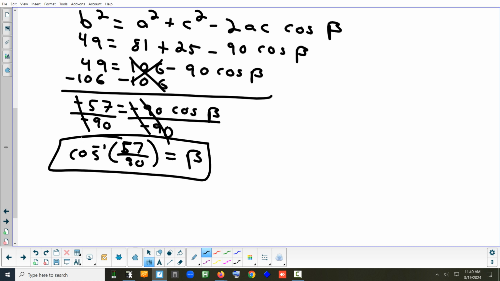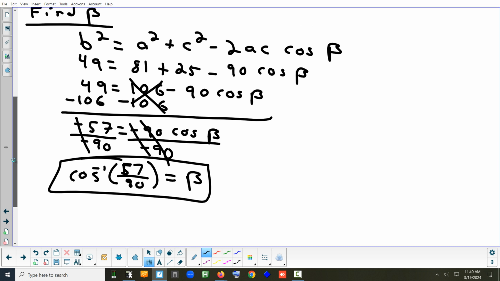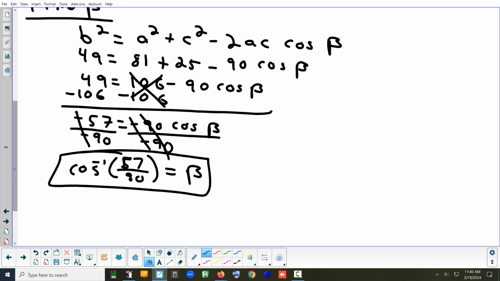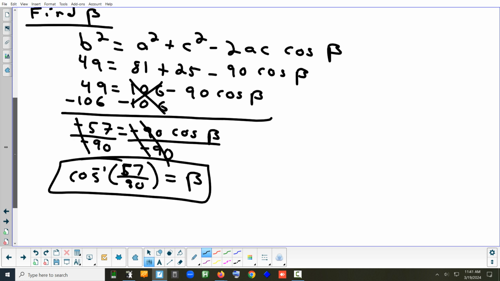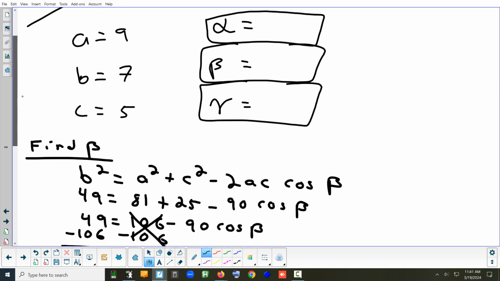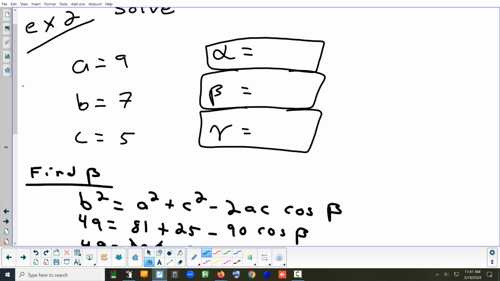You type that in and that's your answer. That's pretty much how you find an angle. You can do it in about maybe five steps, depending how much arithmetic you do in one step all at once. Does anybody have what that comes out to? 50.704? Okay.